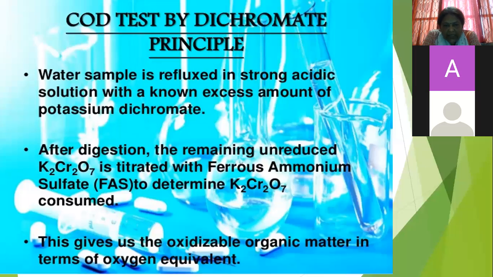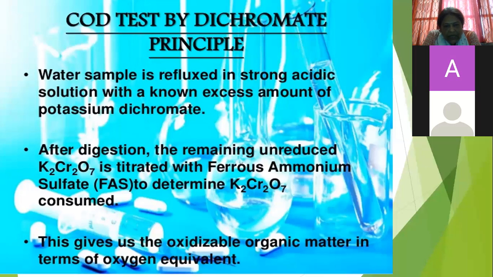So in refluxing, whatever volume of the solution or any liquid you are taking, that volume will not be reduced. If you are heating that solution for 1 hour, 2 hours, or for the whole day, the volume of that liquid will remain the same.